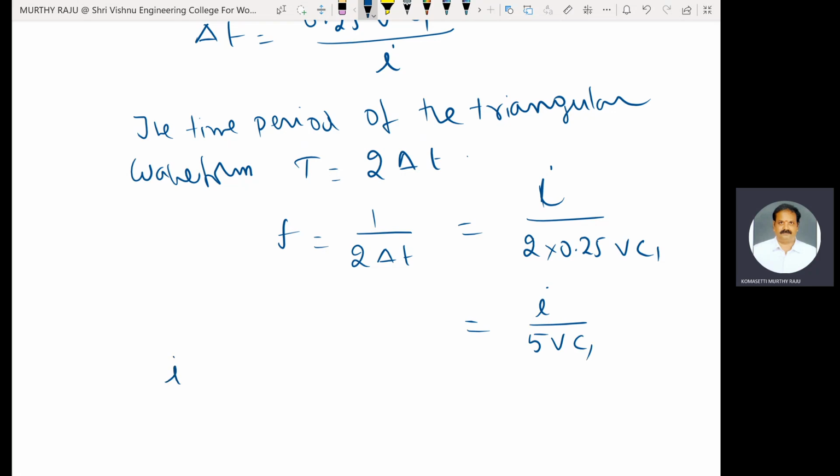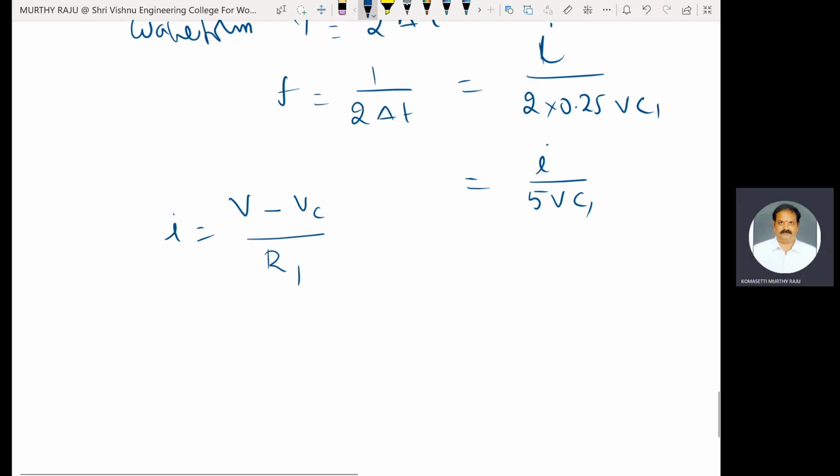But I is equal to V minus the DC control voltage VC, divided by the external resistance R1.